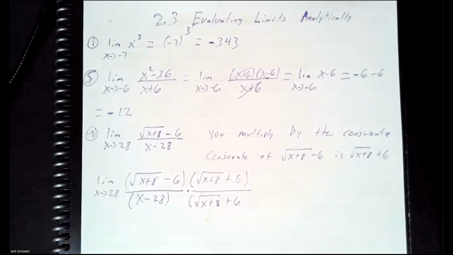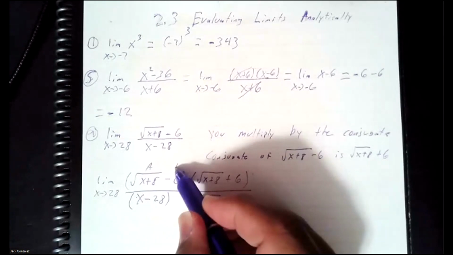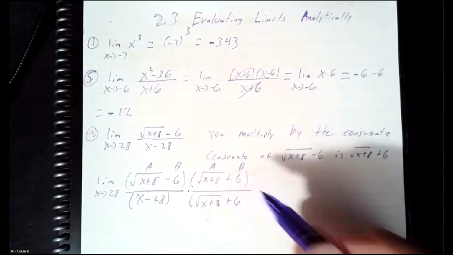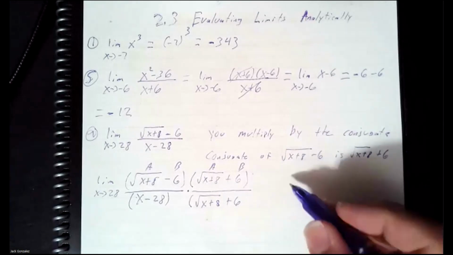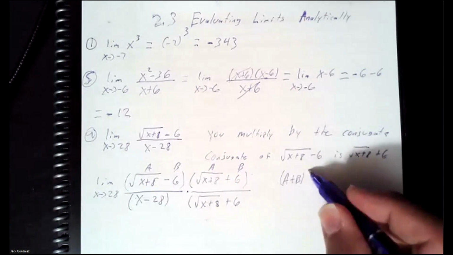Okay, so notice on the top you have a minus b times a plus b, right? This is your difference of squares.